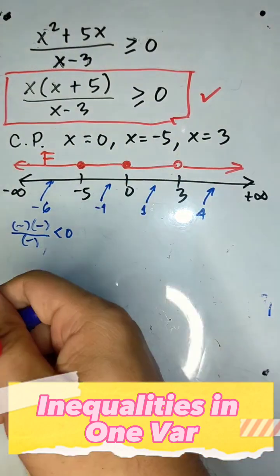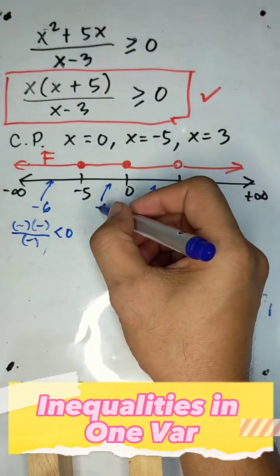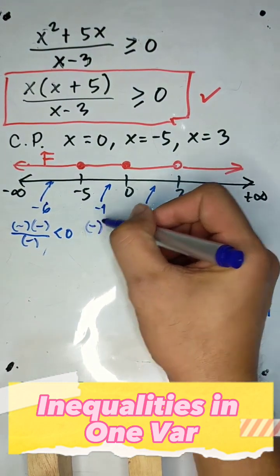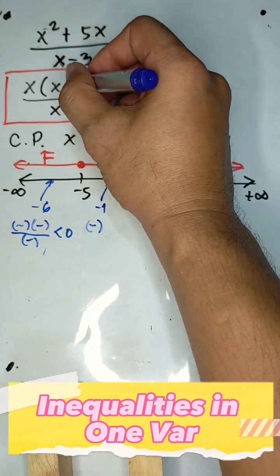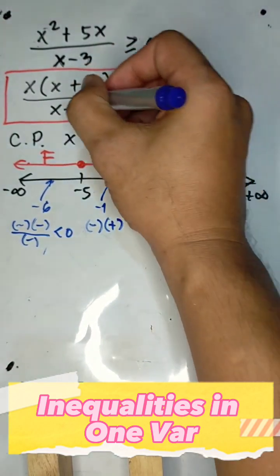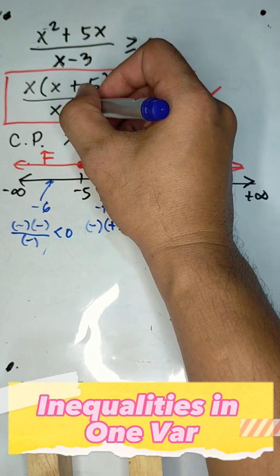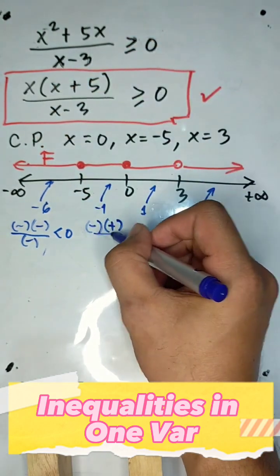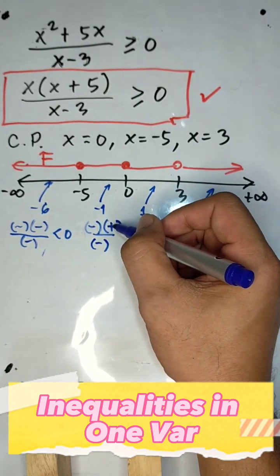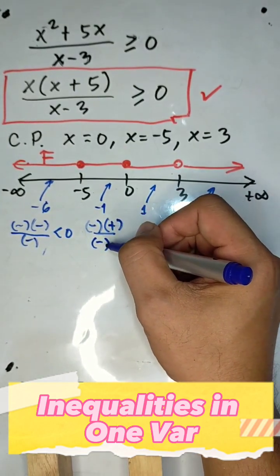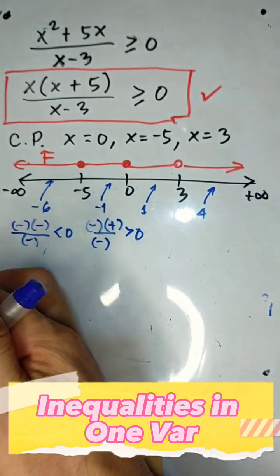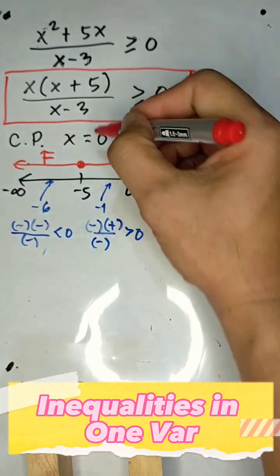Going to the next interval, if x is negative 1, the first factor is negative. Negative 1 plus 5 is positive. Negative 1 minus 3 is negative 4, so the denominator is negative. Negative times positive is negative, and negative divided by negative is positive. So this interval is true.